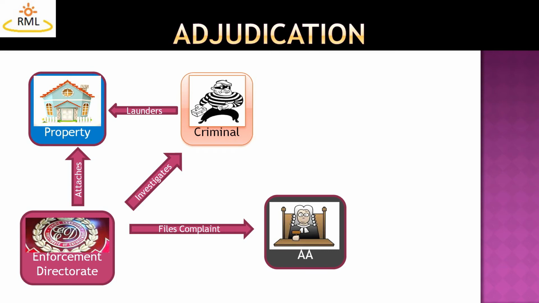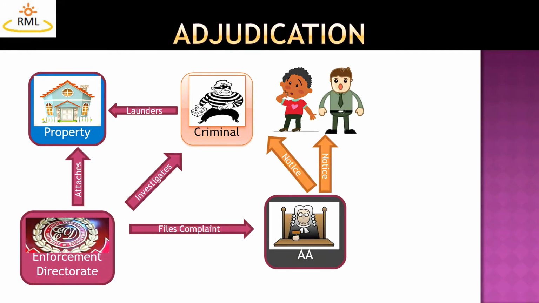On receiving the complaint, the Adjudicating Authority will issue notice to all such persons whose properties have been attached, along with the accused, to show sources or means used in acquiring such properties and the reason as to why the attachment order should not be confirmed.